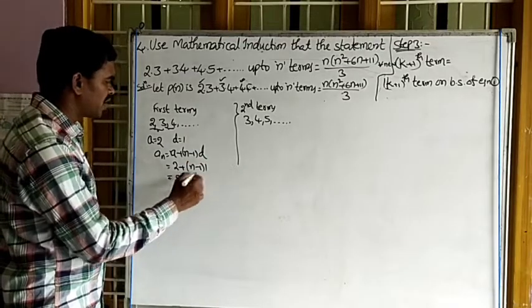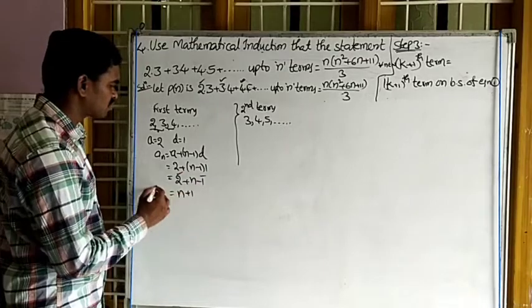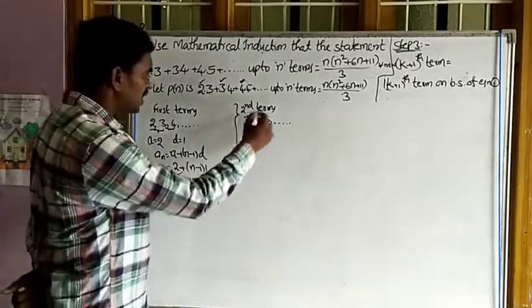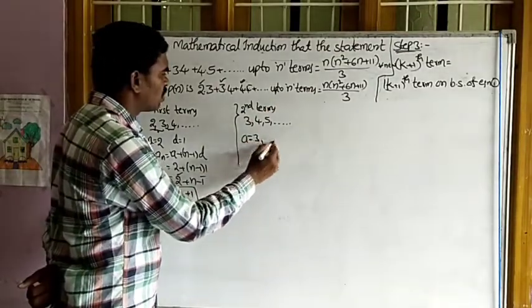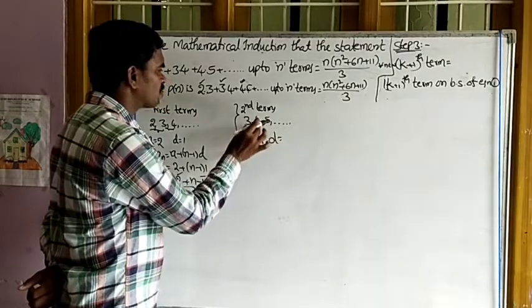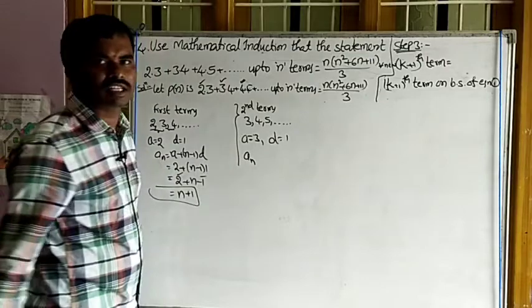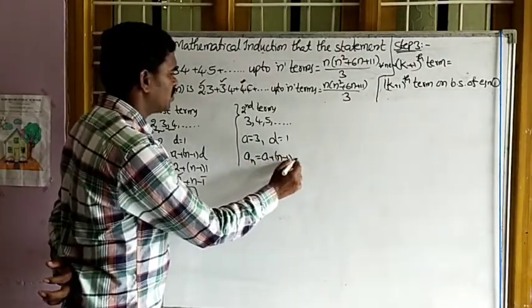So 2 plus n into 1, n minus 1. So 2 minus 1 is plus 1. So what is the nth term of the first terms? n plus 1. Similarly, taking second terms, the first term is 3. What is the difference between any two consecutive terms? 1. So it is an arithmetic progression, so nth term is a plus n minus 1 into d.